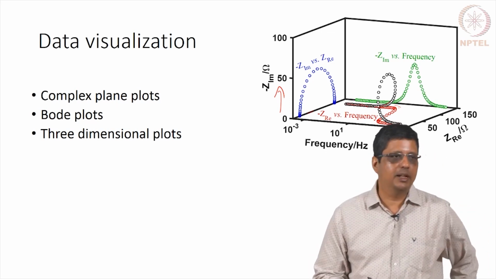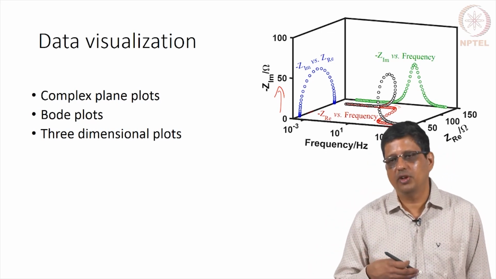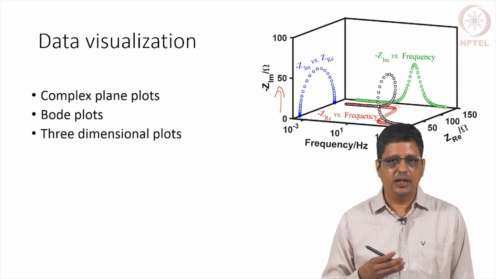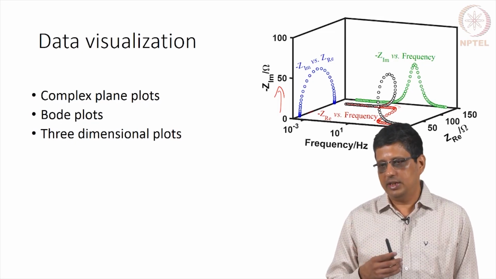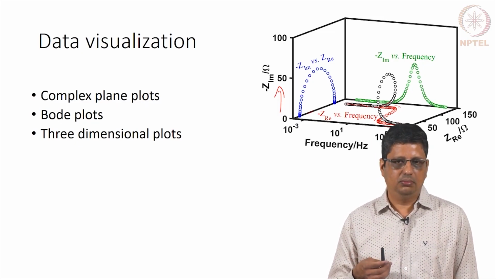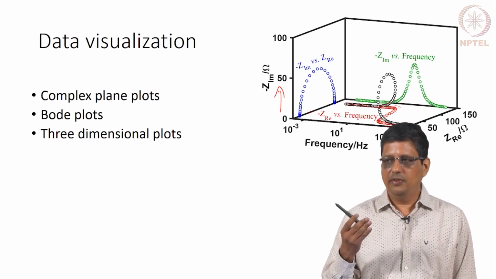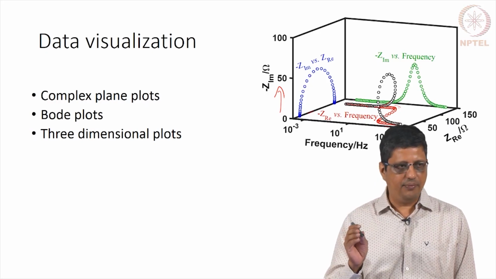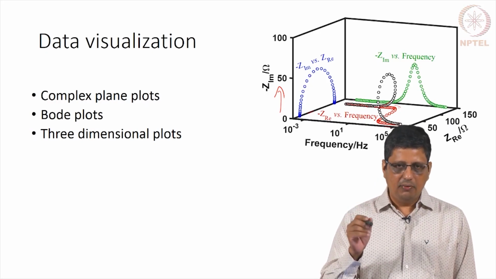Now, which format is a better format? Complex plane format, Bode plot with magnitude and phase, Bode plot with real and imaginary. So, there is no one answer for this. What we do is to plot in all three formats. And usually we have an idea of what system we are looking at, what is the phenomena we are studying, and then we look at the data.